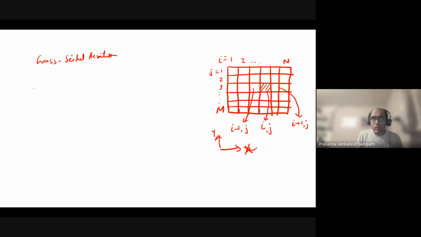Remember, we are trying to calculate h of I comma j at the m plus 1th iteration, and we know that it is h of I comma j minus 1 plus h of I minus 1 comma j. I'm writing this in a particular order for a particular reason. Just watch what happens. Plus h of I plus 1 comma j.